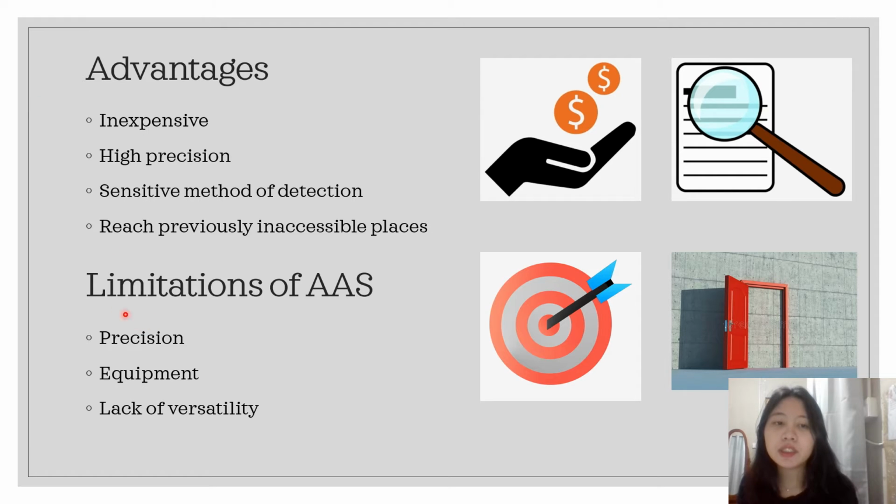Next is the limitations of AAS. Its first limitation is the precision. Just now, as an advantage, it has high precision based on the accuracy of the result. For this limitation, the precision is based on interference from other chemicals found in the sample or the surroundings of the lab, so it can interfere with the results of the study.